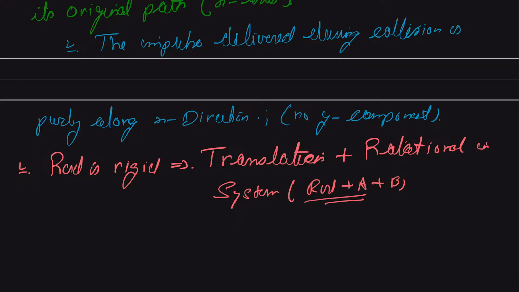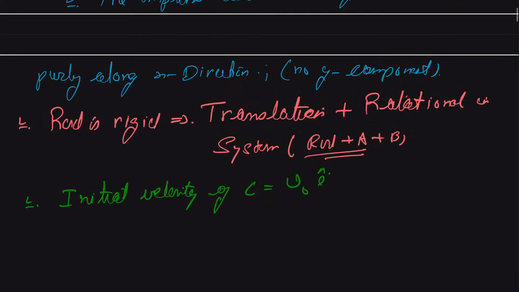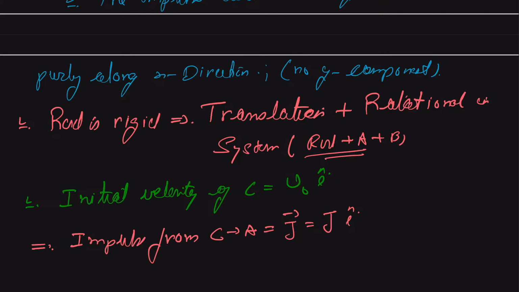Therefore, we can say that the initial velocity of particle C, we can call this V naught i unit vector, and we can say that the impulse from C to A, let us call this J, will be equal to J times the i unit vector, because it is in the x direction. Okay. Now we come to after collision.